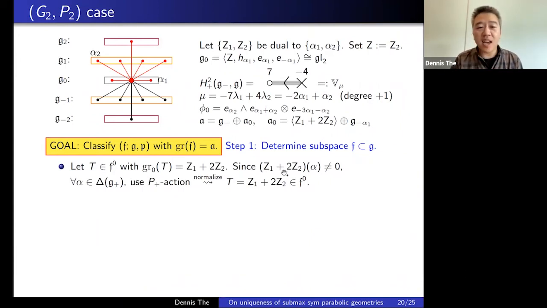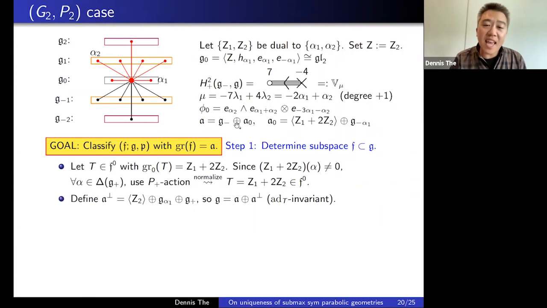Notice that for all these roots in the positive part, the pairing between Z1 plus Z2, Z2 and all of these roots is non-zero. So I can just use the P plus action to normalize those tails away. They're gone, and I just have this nice semisimple element inside the Cartan subalgebra, in my 0th part of this F.